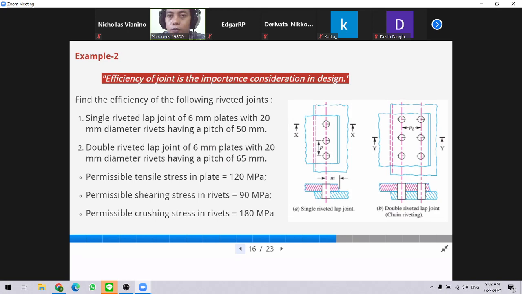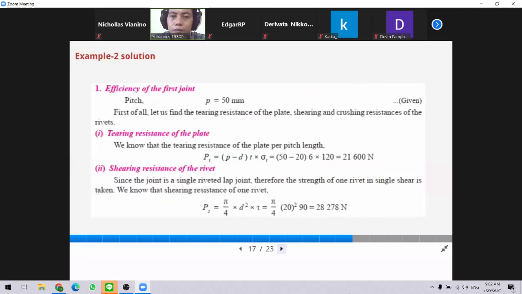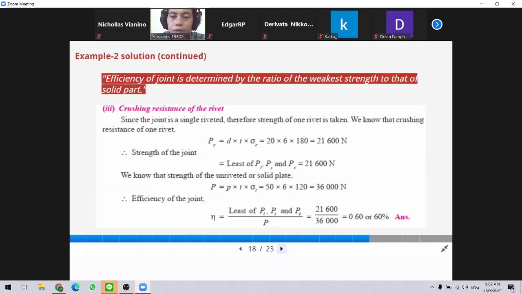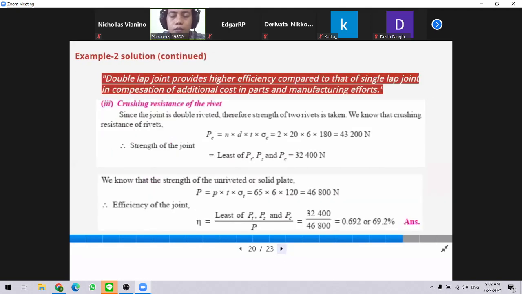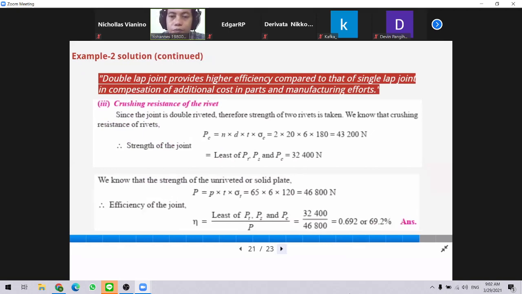We have to make more holes, put more rivets, and do more riveting. So that's how to compare the efficiency of joint.